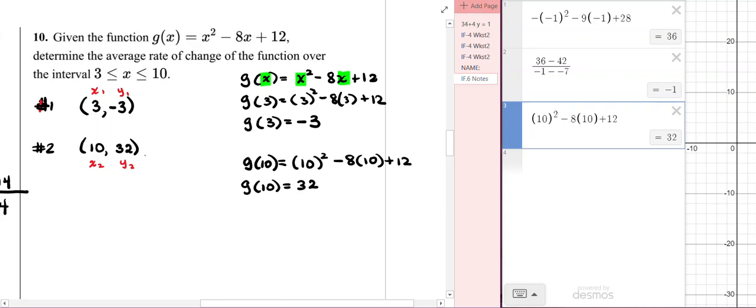All right, so now that we have the numbers, we just need to do our formula. All right, so rate of change is y2 minus y1 over x2 minus x1. Hold on 1 second. Let me move this stuff down.